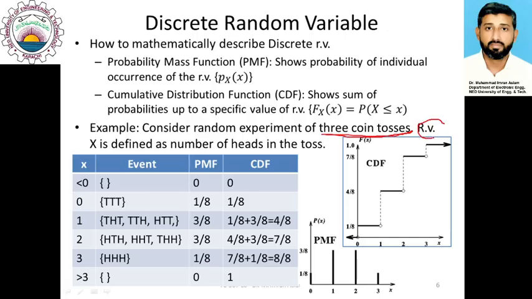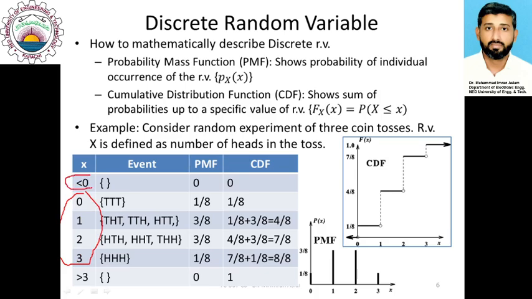We have defined a random variable for how many heads occur in a toss. So the number of heads is represented by the random variable x. You can see either 0 heads, 1 head, 2 heads or 3 heads. So the random variable x would take the values 0, 1, 2 or 3.